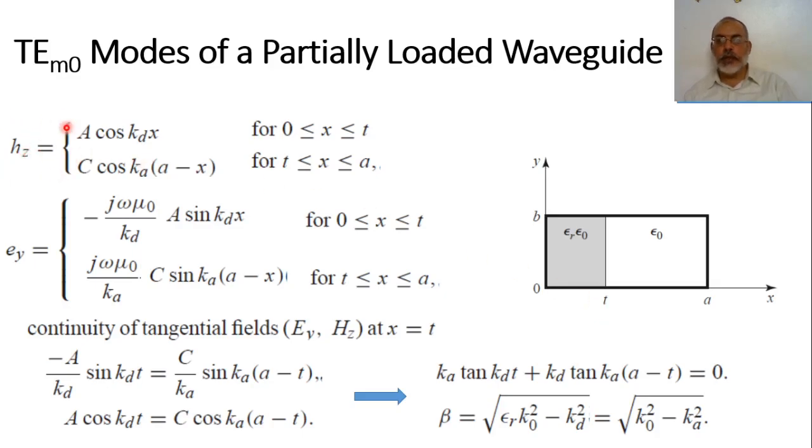So in this case, the value of a multiplied by cosine kd multiplied by t should equal c multiplied by cosine ka multiplied by a minus t. This is the second equation. It should be noted here that we have two equations and two unknowns a and c. In addition, we also don't know now the value of ka and kd.